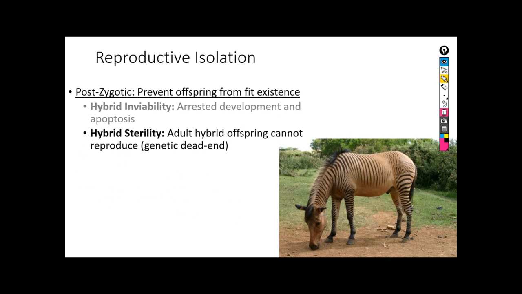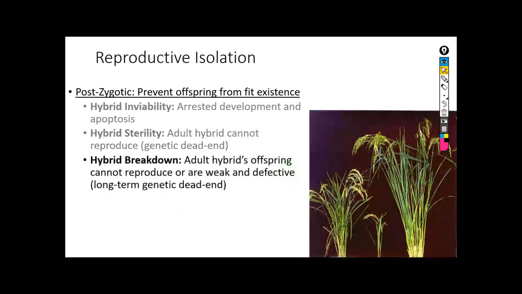All right, so this builds us up to what we've been teasing around: what we call hybrid breakdowns. Remember, we're focused on what is the disadvantage that the mixed offspring, that hybrid, is experiencing.